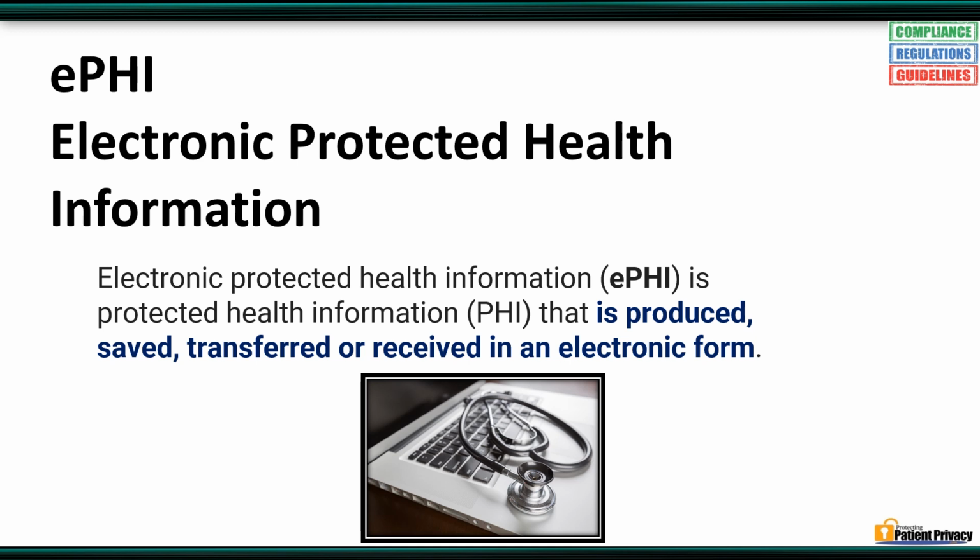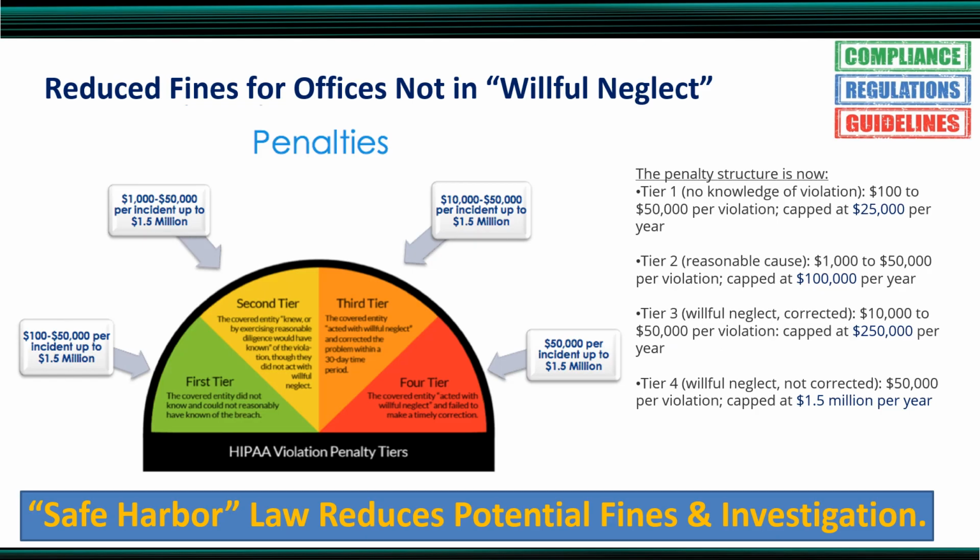Electronic protected health information is all the digital PHI that you may have access to or hold for the covered entity. HIPAA carries penalties. Not only your organization, but you yourself can be fined under HIPAA. So make sure that you watch and understand this training so that you and your organization are not in willful neglect.